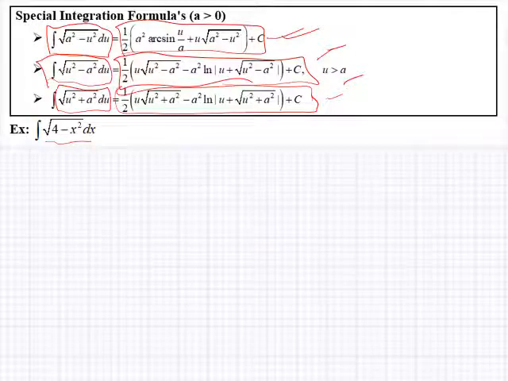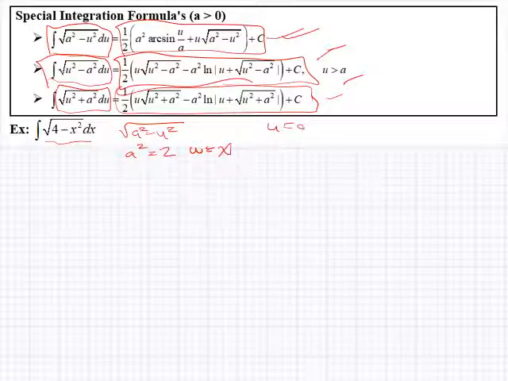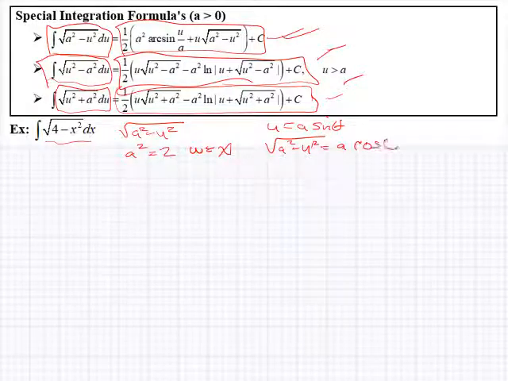So in this case, we're looking at a square root of a squared minus u squared, where a is 2 and u is x. So the substitution that goes along with this is that u equals a sine theta, so that the square root of a squared minus u squared can equal a cosine theta.